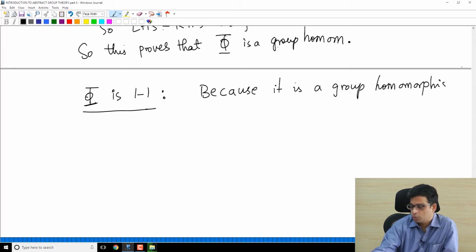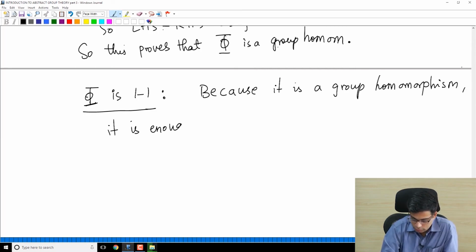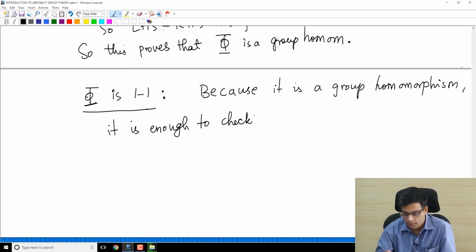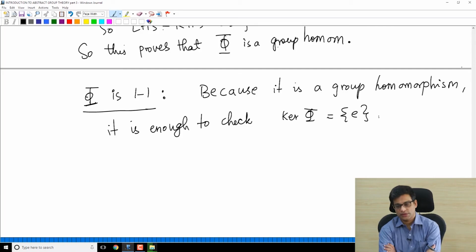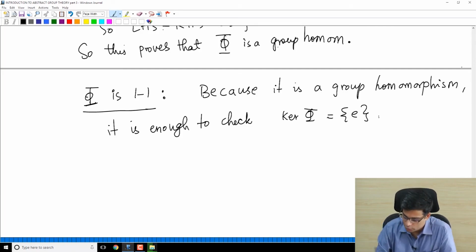Capital Phi is a group homomorphism, we checked already. It is enough to check what? A group homomorphism is 1-1 if and only if the kernel of capital Phi is the identity element of G. So this is what I am going to check.